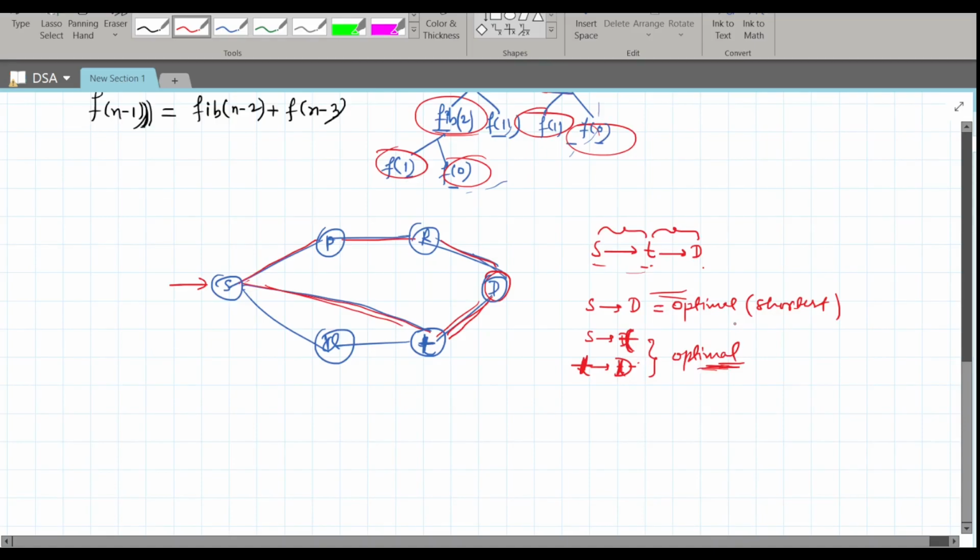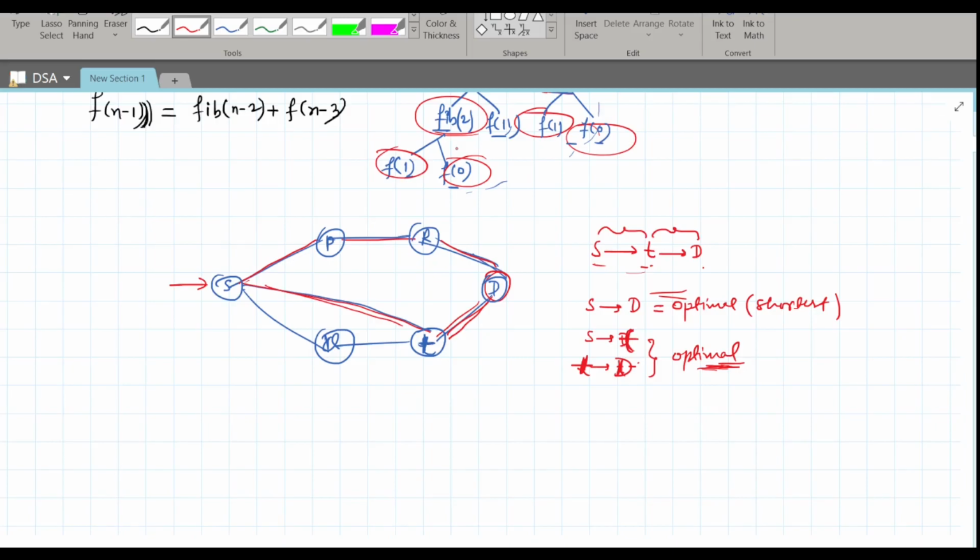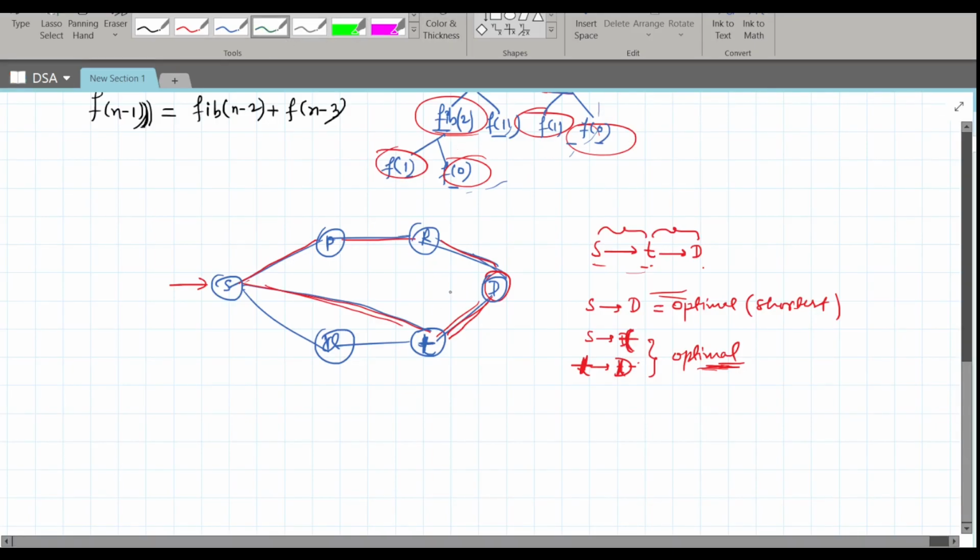But let's say we discuss the longest path from the source to the destination. What will be our answer? Let's say we have this number of edges also, the longest path will be this, this, and this.